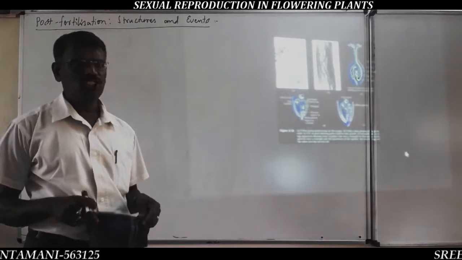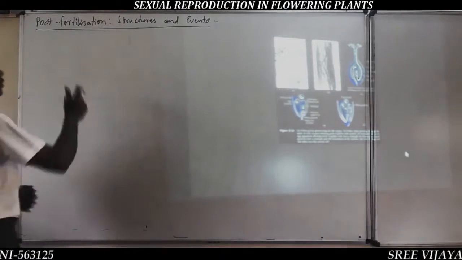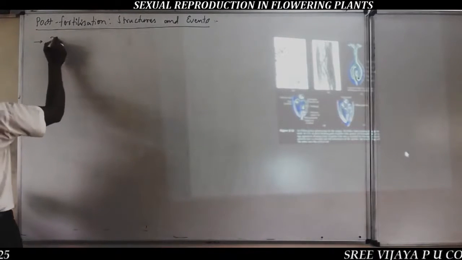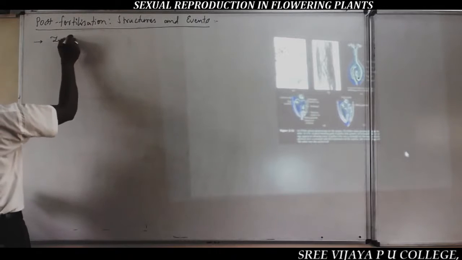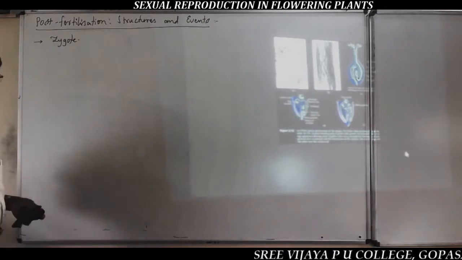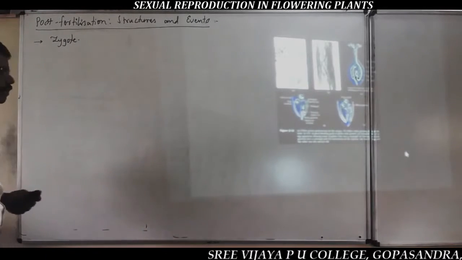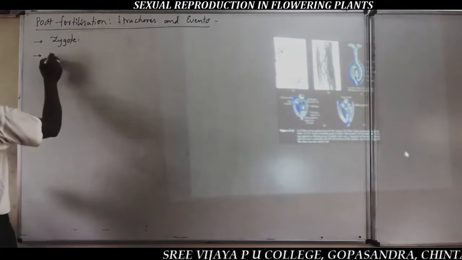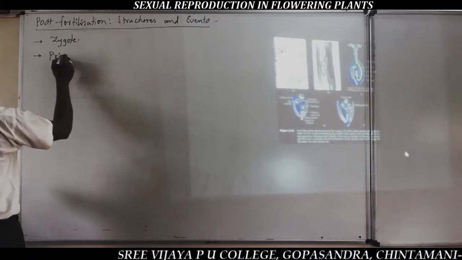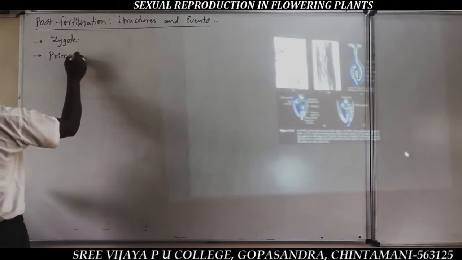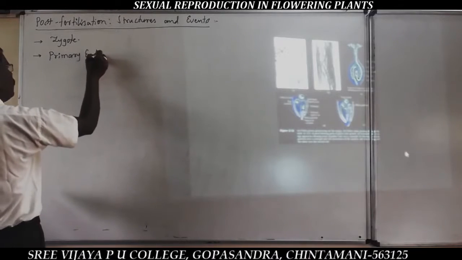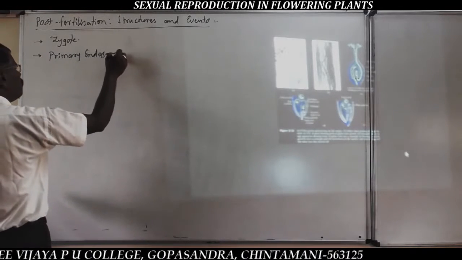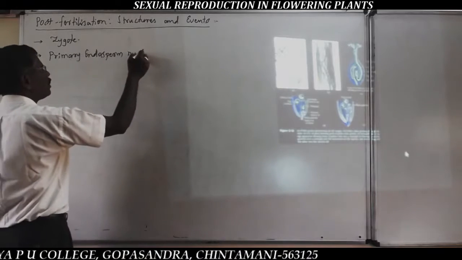In double fertilization, two products are formed: the formation of the zygote and the formation of the primary endosperm nucleus.